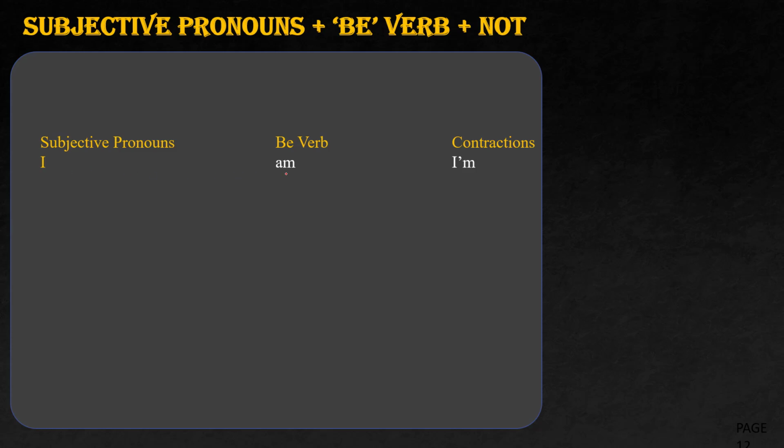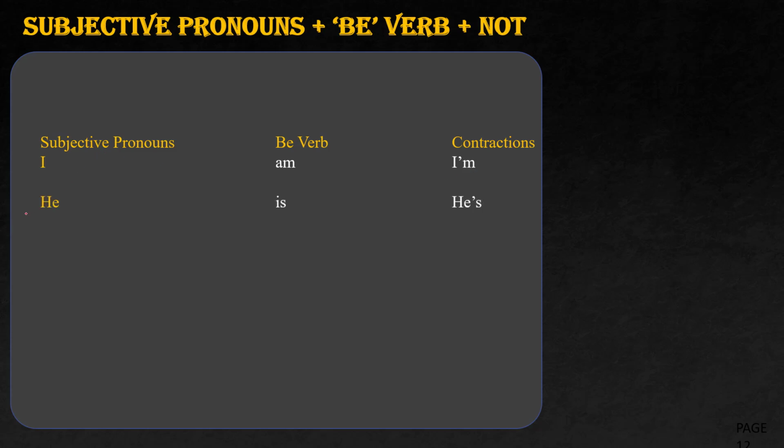So if you would like to spell these two, I am will become I'm. We recommend you utilize the contractions for these subjective pronouns plus be verbs in daily usage so that your fluency might be standardized.